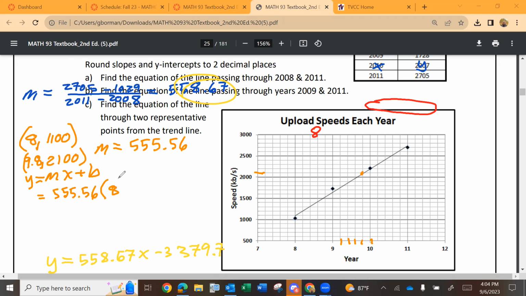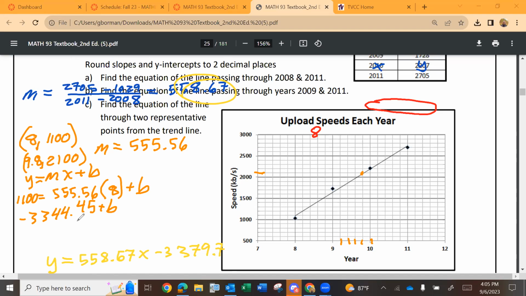I'll plug in 8 for x, because 8 is the first coordinate of this point, so it's the x coordinate. And if I do 8, then I have to do 1100, the one that goes with it. I can't do 2100 or something else. I'll multiply them together, subtract it over, and I get negative 3344.45.